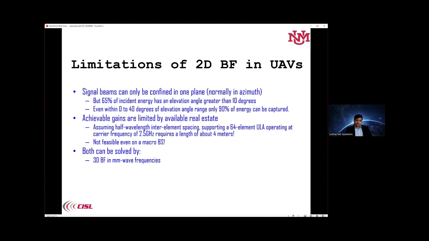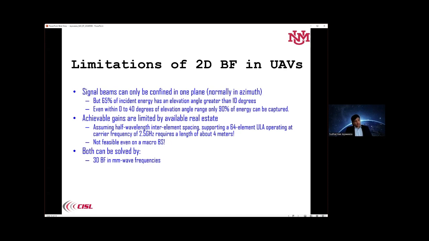So if you are doing the azimuth beamforming on the plane, you are going to lose much of this incident energy because it is not actually on the plane but has a larger elevation angle. And even if you go up to 40 degrees elevation, you're only going to capture about 90% of the incident energy from a base station.